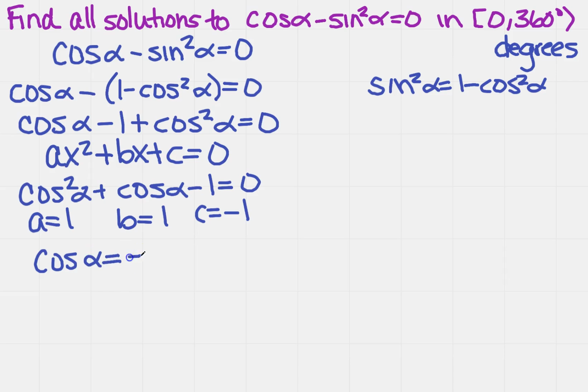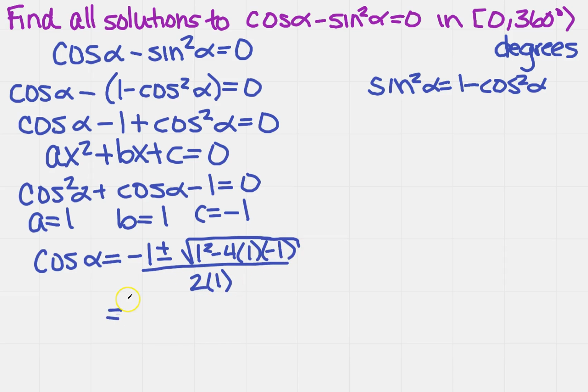Minus b plus or minus the square root of b squared minus 4 times a times c, all over 2 times a. Not so bad, right? If I simplify, I get minus 1 plus or minus the square root of 1 plus 4, all over 2.